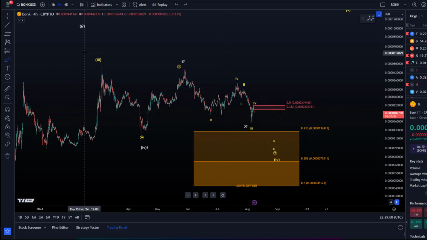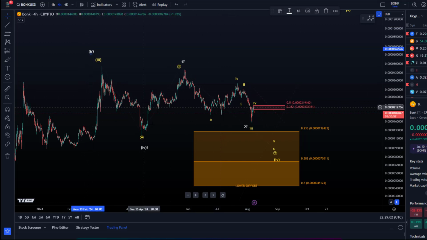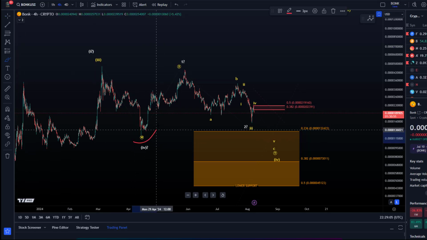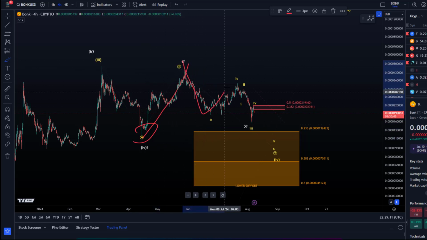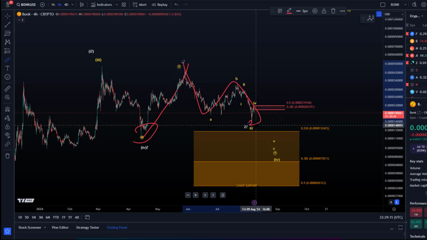Now, in the alternative scenario, the wave 4 bottomed here already, and we've seen a wave 1 to the upside, and this is an A, B, C in wave 2, but it moved down a little bit too low for a reliable wave 2, but still possible. So this would be the direct bullish wave count.